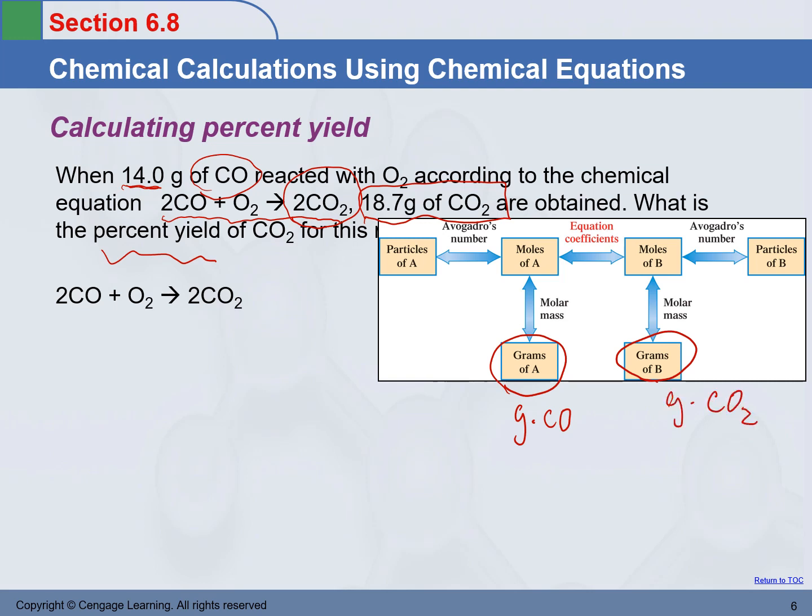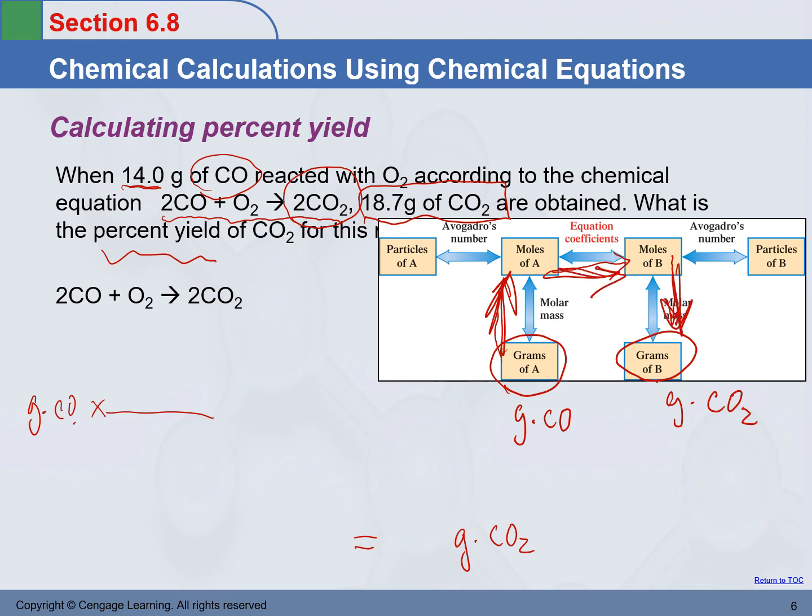So we're going to go from grams of carbon monoxide to moles of carbon monoxide, moles of carbon monoxide to moles of carbon dioxide, moles of carbon dioxide to grams of carbon dioxide. Eventually, we're going to get grams of carbon dioxide. We need 3 conversion factors.